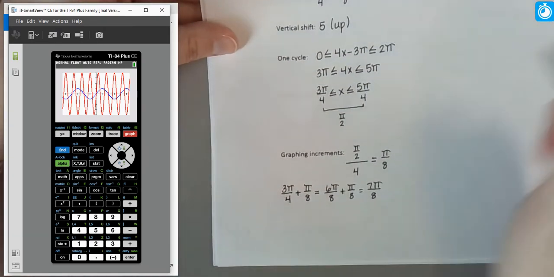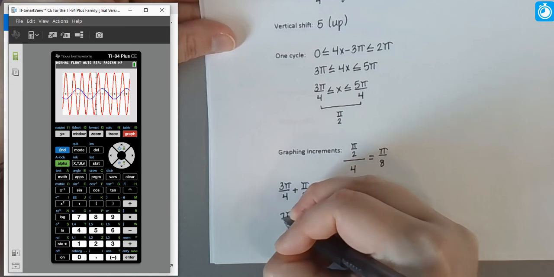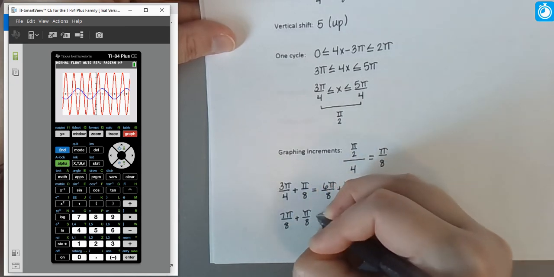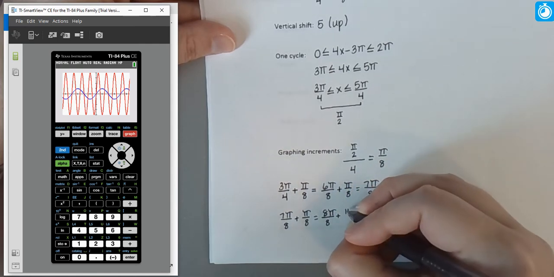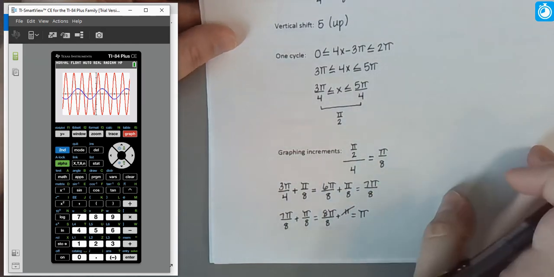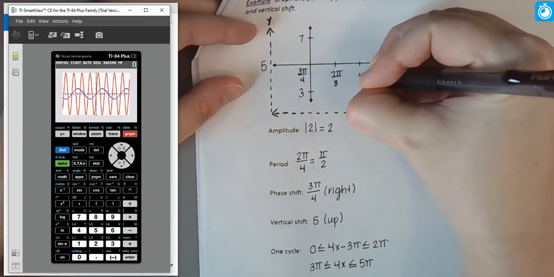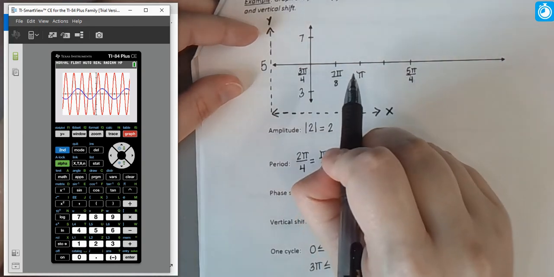Okay. Now from there we add on an additional pi over 8. So 7 pi over 8 plus pi over 8 is going to take us to 8 pi over 8, which just reduces to pi. There we go. Okay, so halfway between 3 pi over 4 and 5 pi over 4 is going to be pi. And then we need to add on one more.